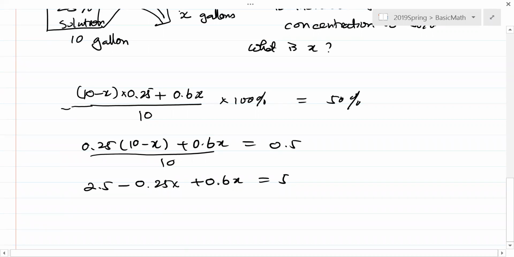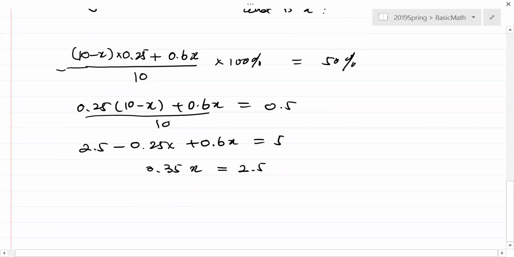All right, so you move 2.5 to the right-hand side, and 0.6 minus 0.25 is going to be 0.35, right? So 0.35X equals 2.5. So X is going to be 2.5 over 0.35. Now this number should be less than 10, otherwise there's a mistake.